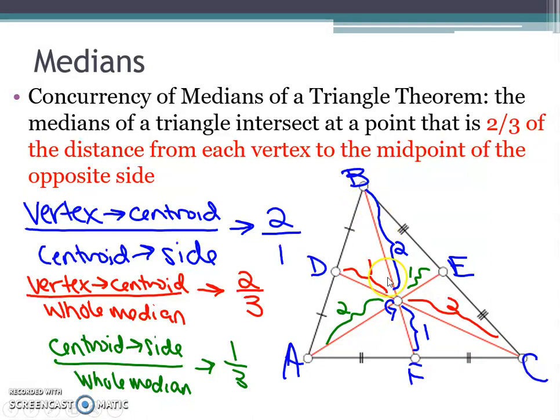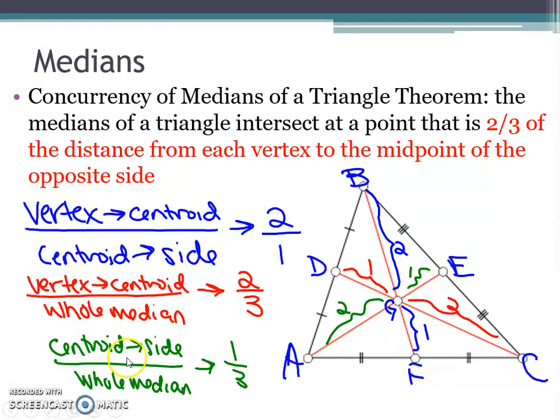Right here, where they meet, this is 2, look at this blue line, out of 3. The whole thing is 3. Where they meet is 2 out of 3, right? So this centroid is always 2 out of 3 of the whole median. So a 2 to 3 ratio. This red one is what she's talking about. So let's copy this.